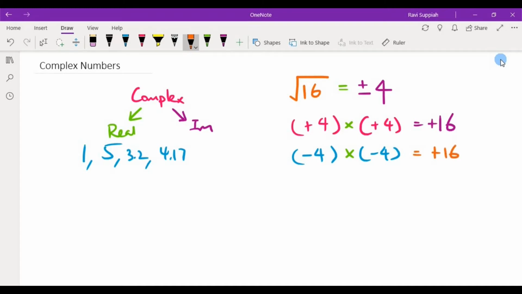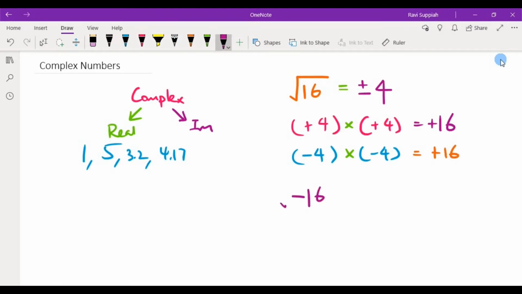So as you can see, whenever I square root a number, I will always get some answer, but I must put a plus or minus in front, because positive times positive will give me positive, and negative times negative will give me positive. Now, how about a square root of a negative number?